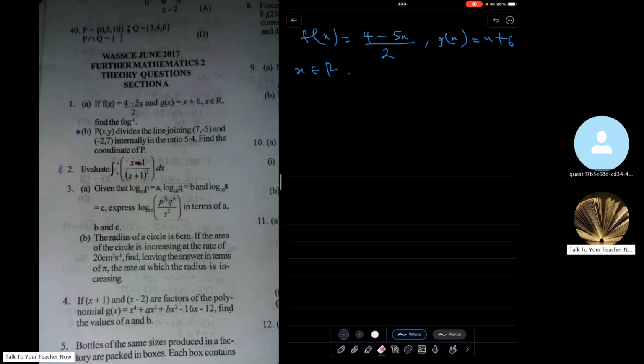How do you now do that? I'm looking for a pen. F of g inverse, what's that?